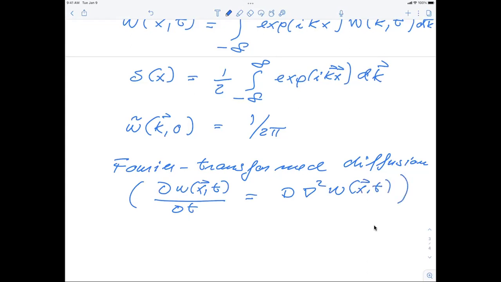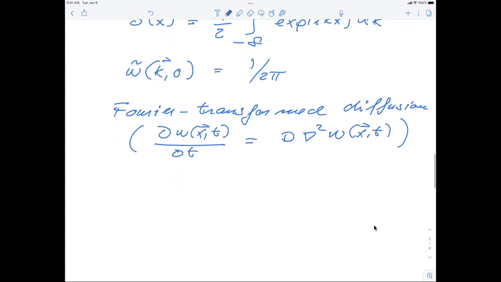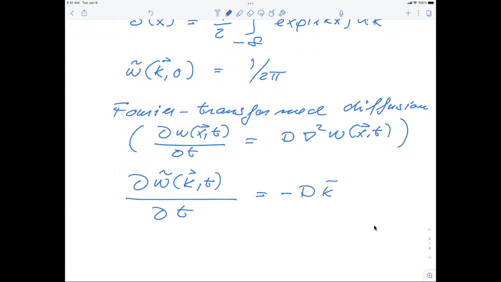Now, when you make a Fourier transform, and this is one of the reasons why we like Fourier transforms or Laplace transforms, the differential operator just turns into a constant, which is the momentum squared. So if you look at the Fourier transformed diffusion equation, what we would have is a differential equation for the Fourier transformed probability as a function of time, d w tilde of k of t over dt, and that's just equal to a constant, minus D k squared, times w tilde of k of t.